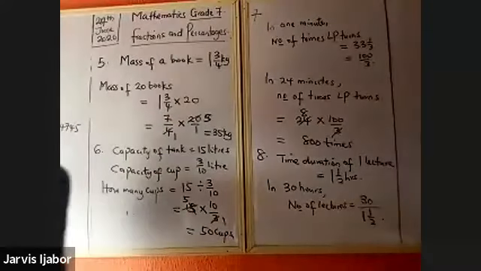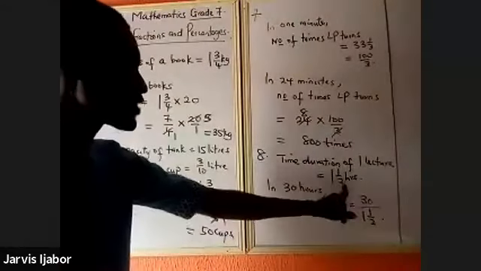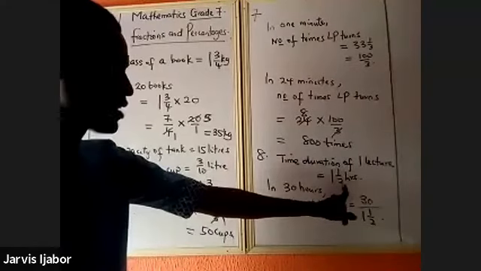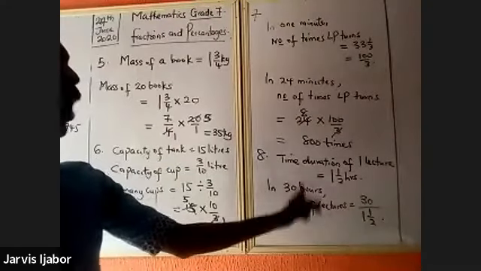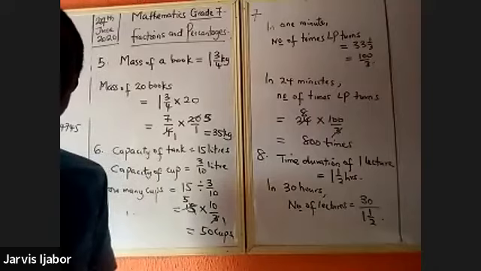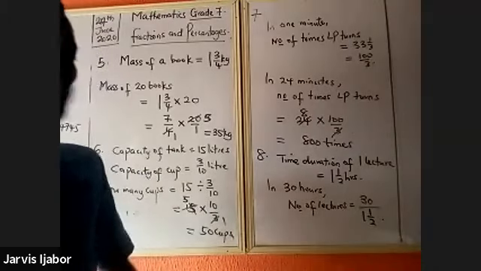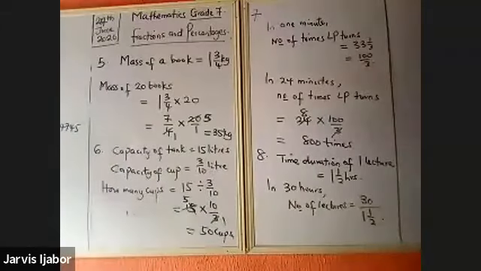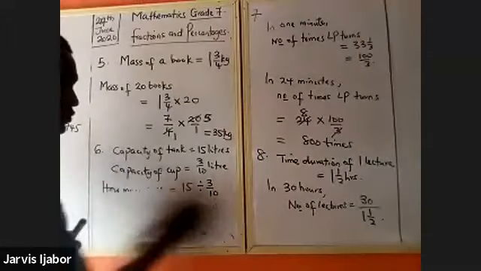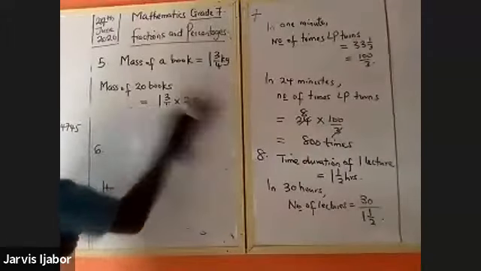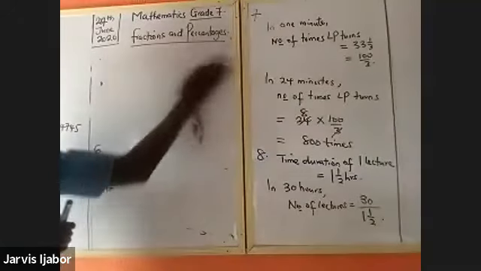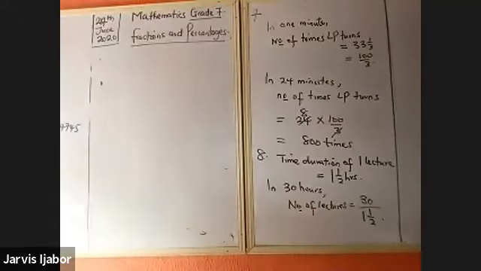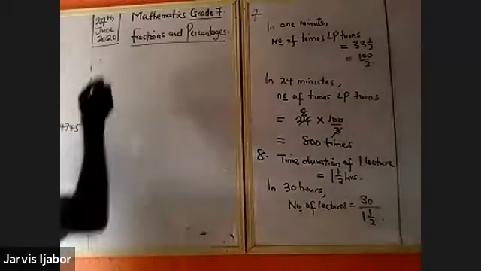In 30 hours, one lecture will last for 1.5 hours. So, in 30 hours, how many lectures will you have done? To get the number of lectures, you just say 30 divided by 1.5. So let's check how that goes. This is division.